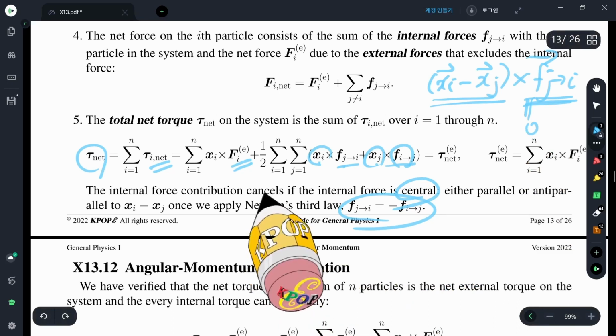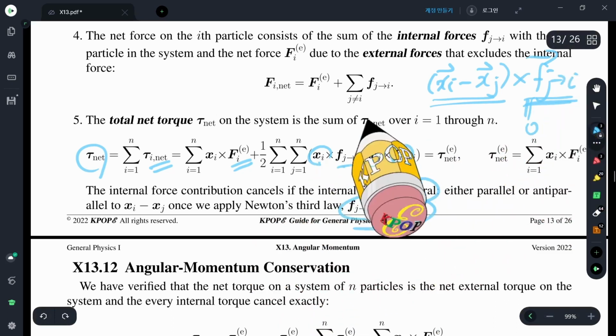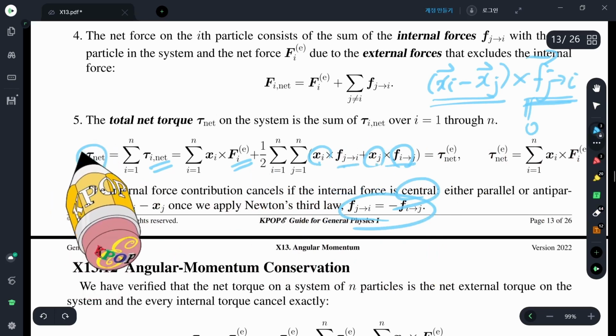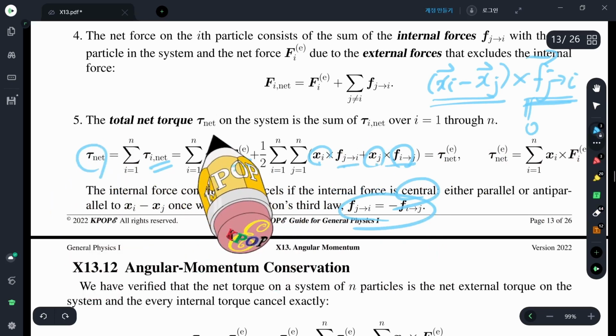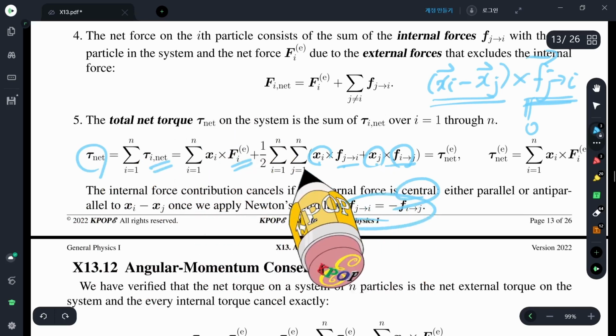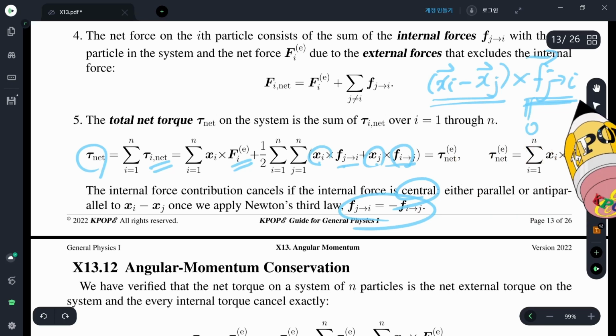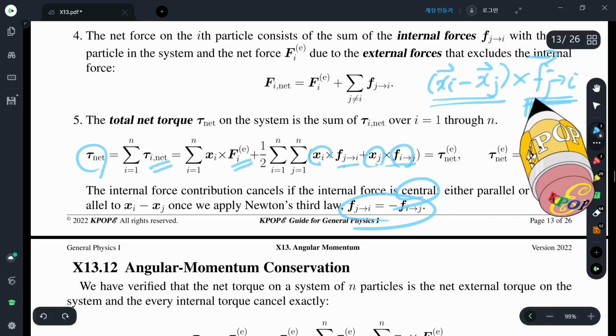But anyway, if the internal force is central, then the net torque on a system of particles is the net external torque on a system of particles. And the internal torque due to the force that is central always vanishes.